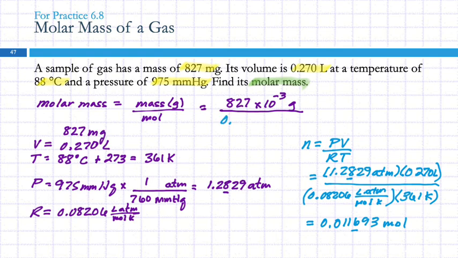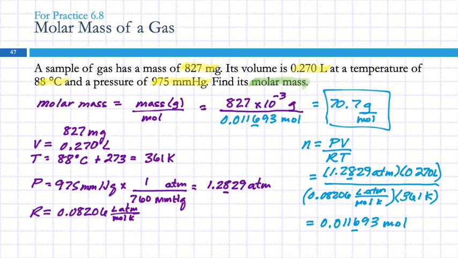So the moles, 0.011693 moles. So 827 times 10 to the minus 3 divided by 0.011693 is 70.7 grams per mole. Any questions?